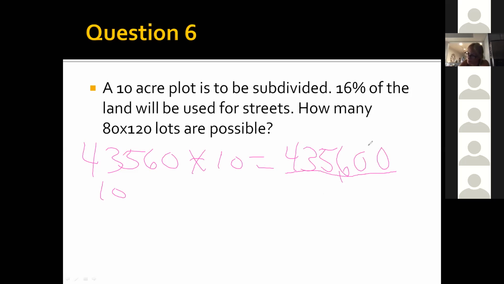But we have to use 16% of it for roads, for streets. So that means our total number of square feet, we have to reduce it by 16%. Now, you can multiply this number, 435,600, by 0.16 and then subtract it, right? So let's do it that way.